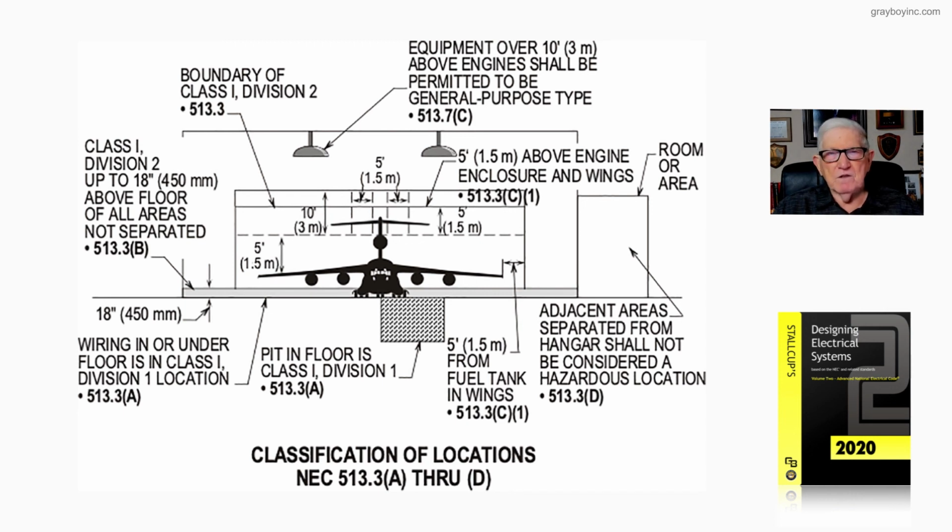So that's what this figure 21-46 is illustrating: the classification of the locations in a hangar in accordance with 513.3A through D as in dog, and that's what this illustration is illustrating to the user of the NEC.